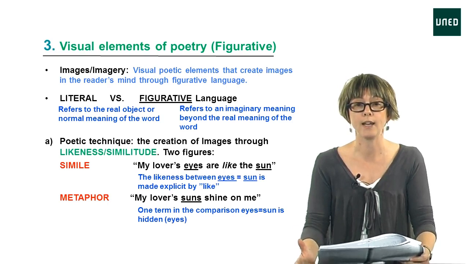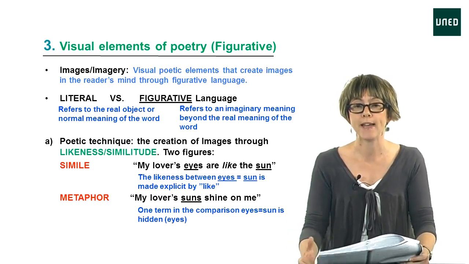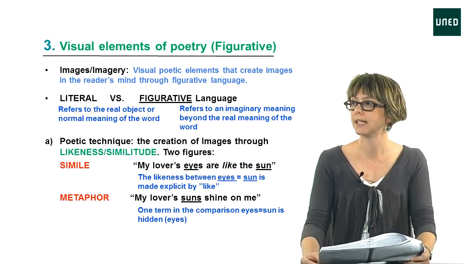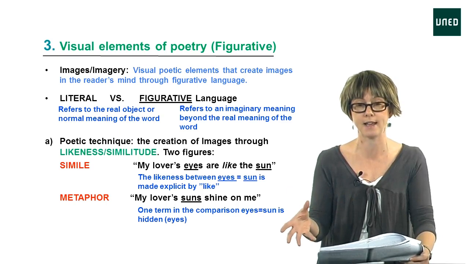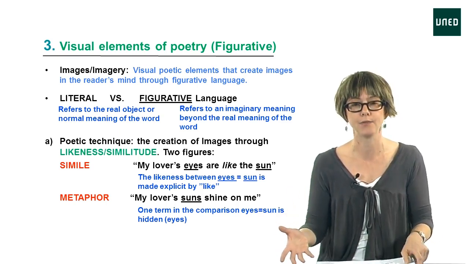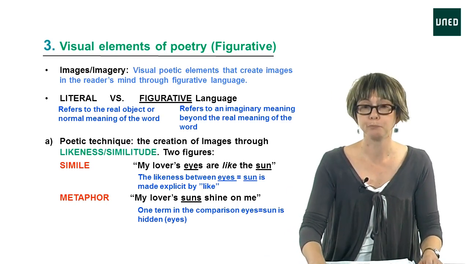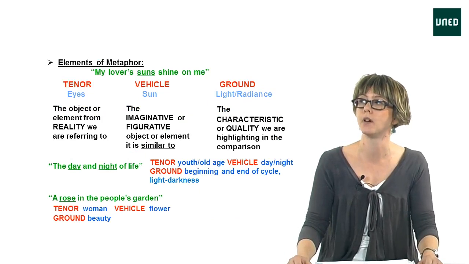In the next line, "My lover's sun shines on me," we have a metaphor. Why? Because one term in the comparison between eyes and the sun is hidden, that is, the part of eyes. Let's detain here on the elements of the metaphor.